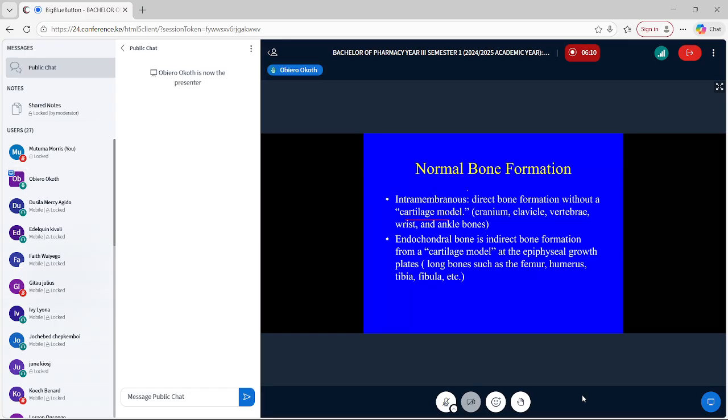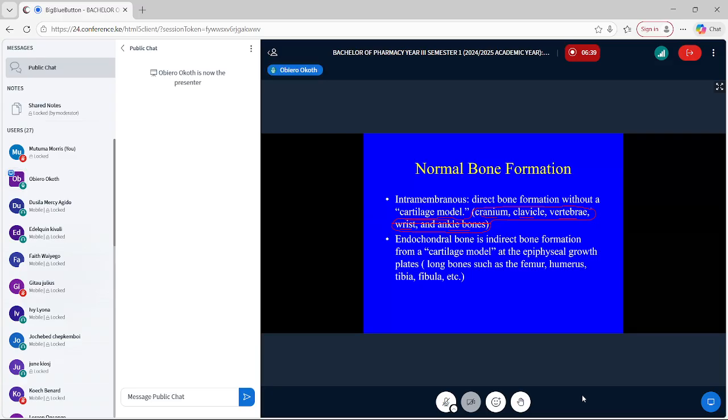This is normally how flat bones of the cranium, small bones like the clavicle, the vertebrae, the wrist joint, and the ankle bones are formed. Typically like the cranium. So this is intramembranous, and you can see these are basically what we call the central part of the vertebra.